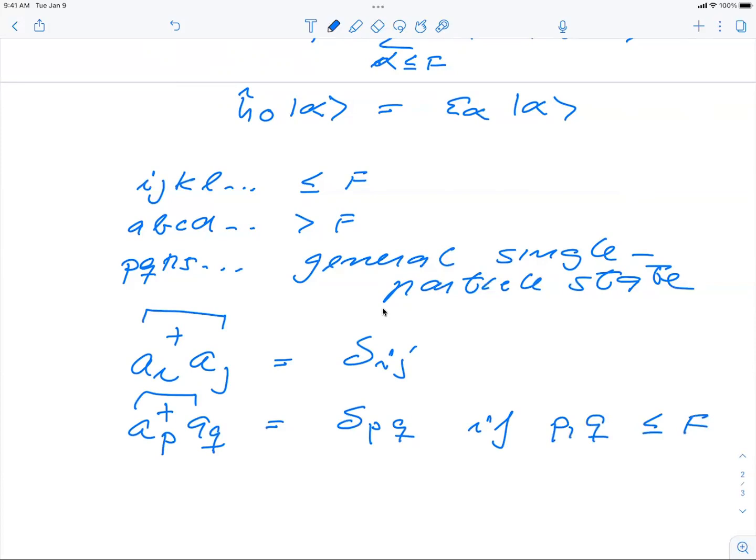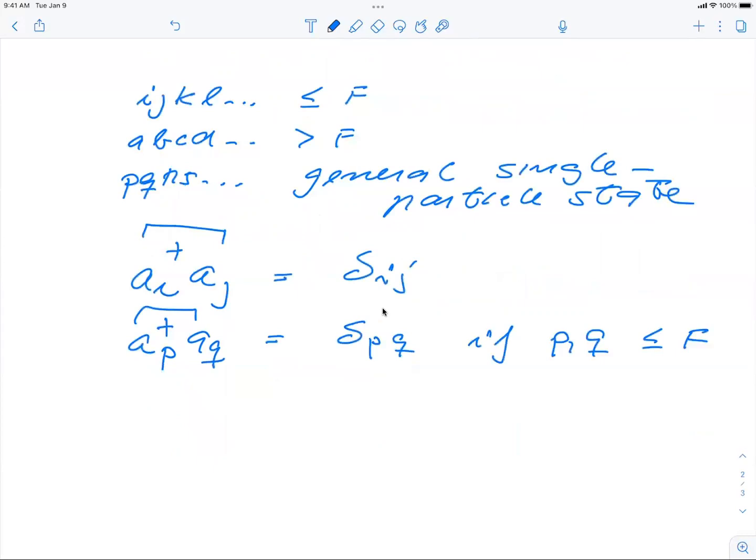So when we did calculations with a true vacuum, this contraction was equal to zero by definition, because when you act with an annihilation operator on the true vacuum, you should get zero. But now you're acting on a modified vacuum state, which is your reference state, and then this state q may actually be occupied. And then the action of a_q on the Slater determinant you have may not be zero.